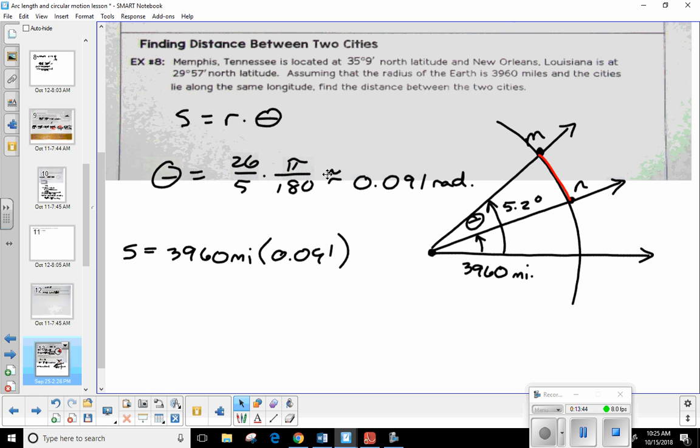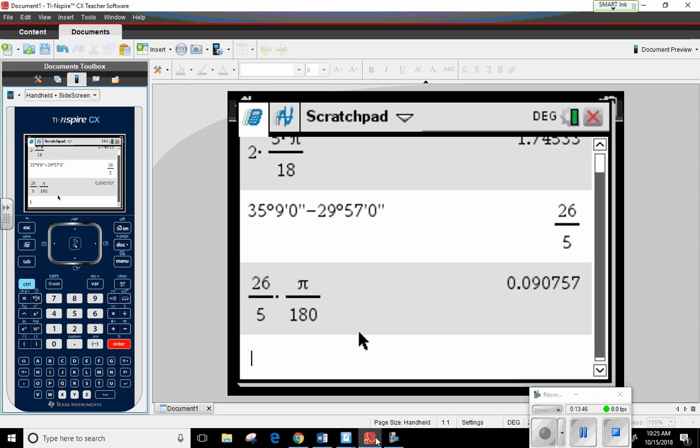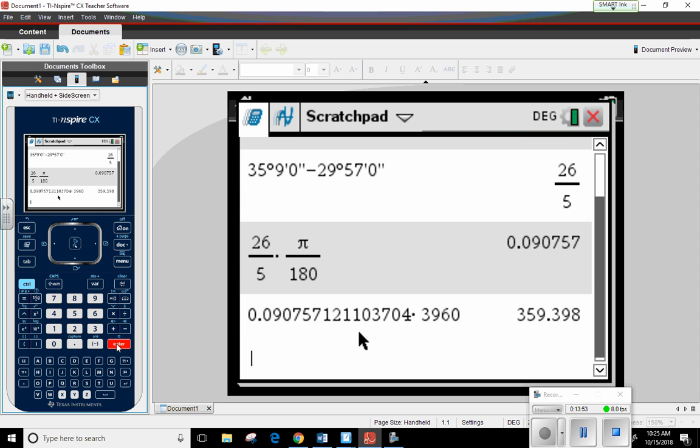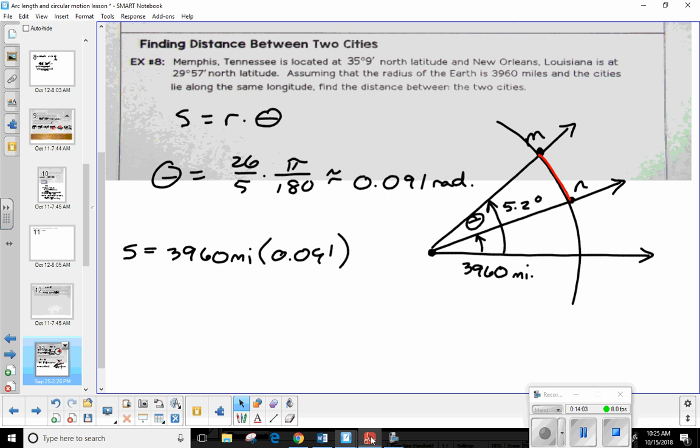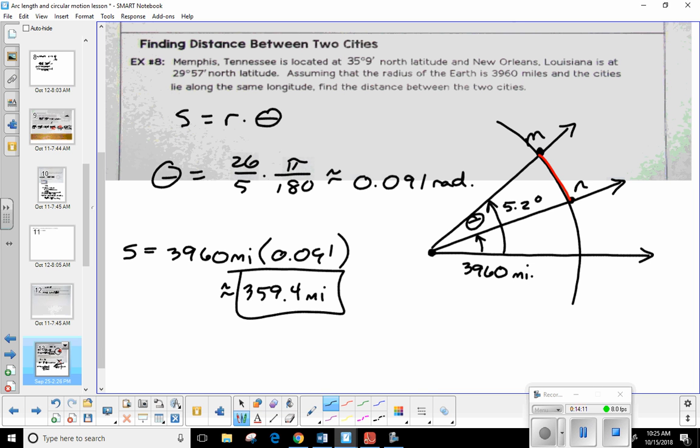But in the calculator, I can use that exact value to multiply by the 3,960. Okay. So I'd say we're looking at about 359.4 miles. Okay. Is that what you folks are getting? Okay. So about 359.4 miles. Boom.